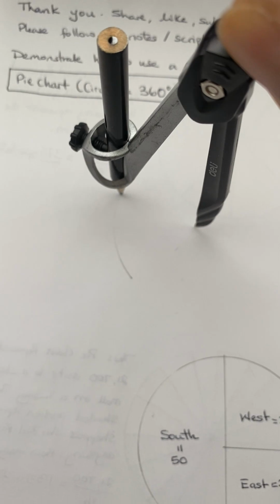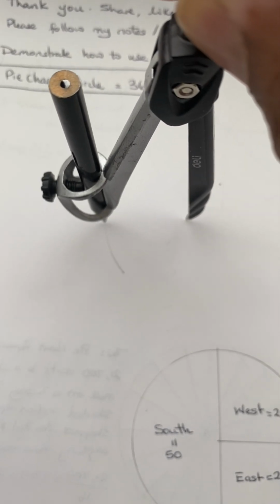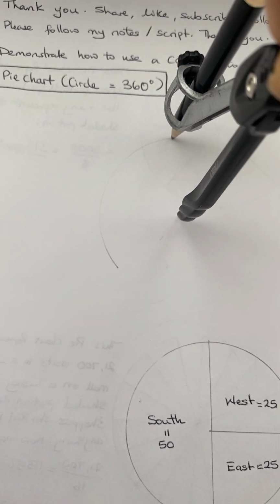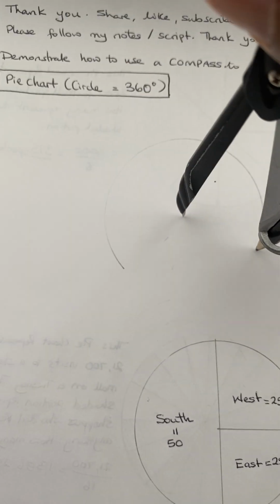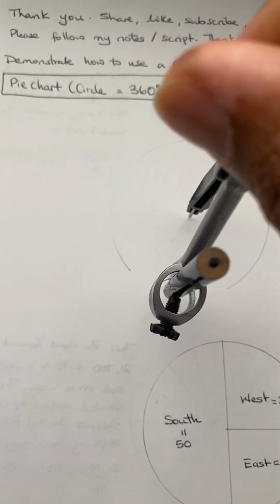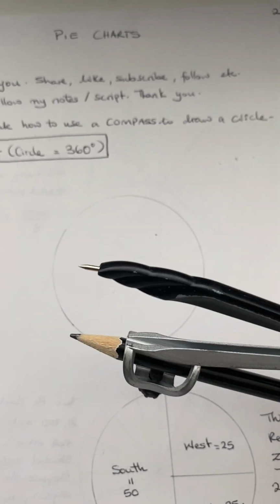And just try and turn it around. And there you've got your circle. This is how you can do it.